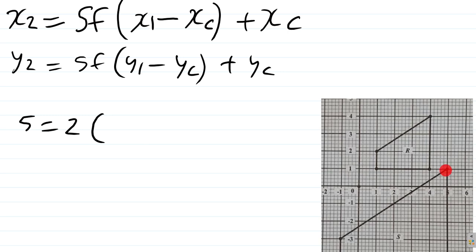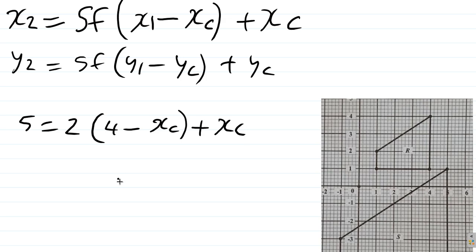Now, this and this on the object and this on the image, they correspond, right? Right at the corner here. Our x1 is 4, all right? Our x1 is 4 minus x at the center of enlargement, whatever it is, right? Plus the x at the center of enlargement.